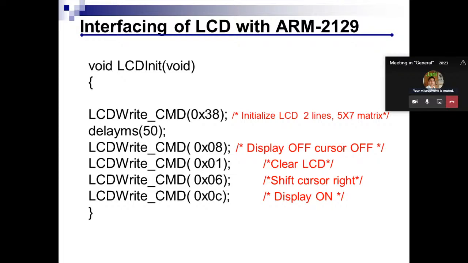This is actually initialization of LCD, which you have already done in AVR microcontroller also. So ultimately to initialize the LCD we send the command 0x38 initially, to initialize LCD in a 2-line mode 5x7 matrix. So basically there will be 5 columns and 7 rows to display the character. Then we call the delay of 50 millisecond.